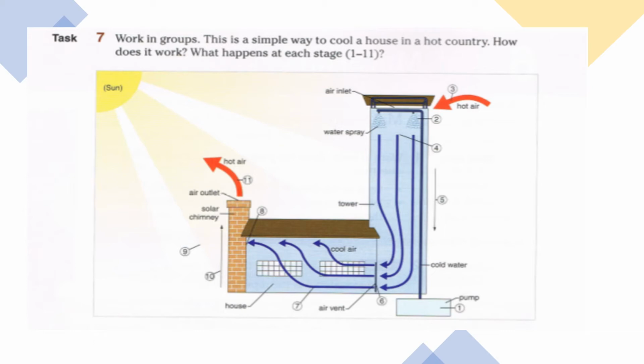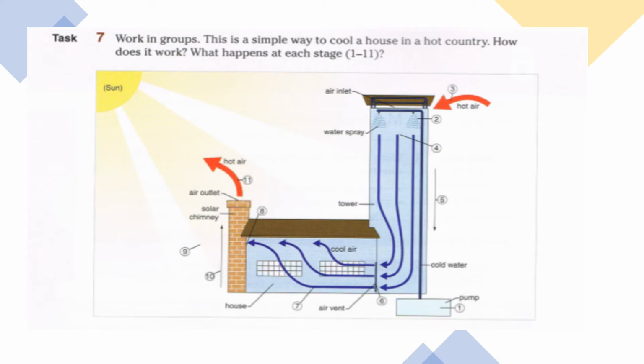Then the cold air enters the house, and this way the house becomes cool. After some time, the air becomes a little bit hot, so it rises and it goes to the solar chimney, which is exposed to the sun.